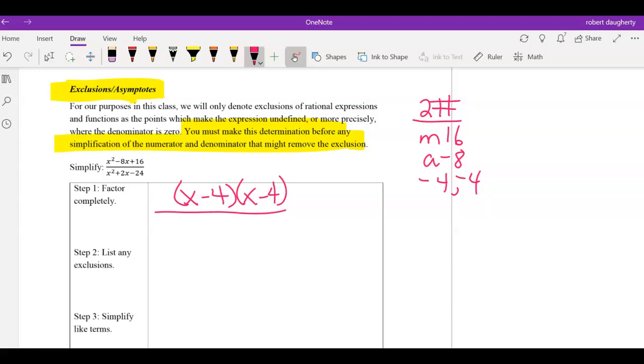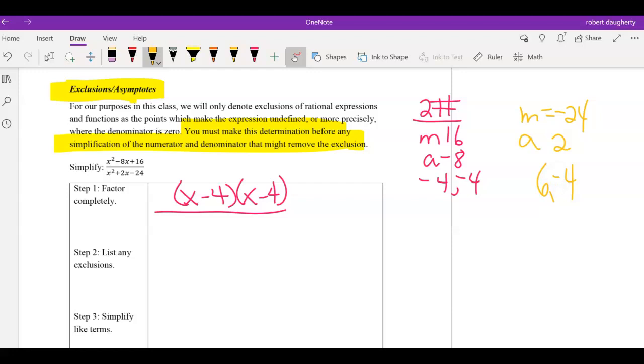Now, if I switch gears and look at the denominator, I need two numbers that multiply to negative 24 and add to 2. Okay, so that's probably going to be 6 and 4, with the 4 being negative.